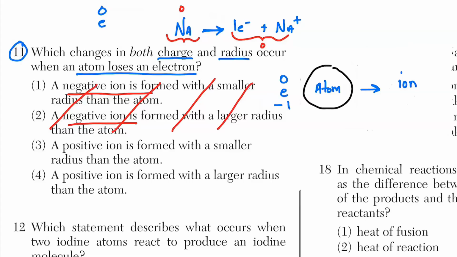Well, I'm going to give you how I would teach it, and then I would give you the best way to remember it. If you lose negativity, don't forget we have positives in the nucleus, and we have electrons outside the nucleus. If you have an atom, I say atom, you say neutral: electrons always equal protons.